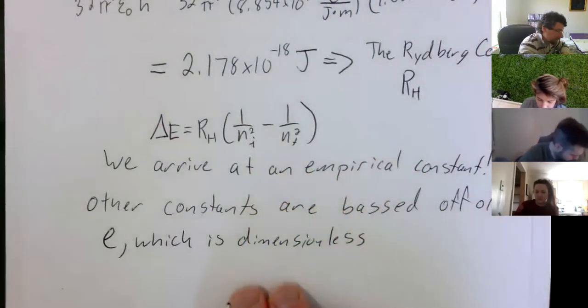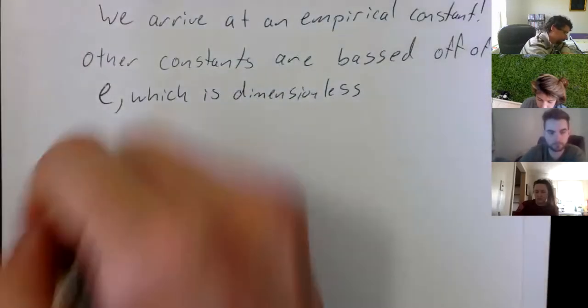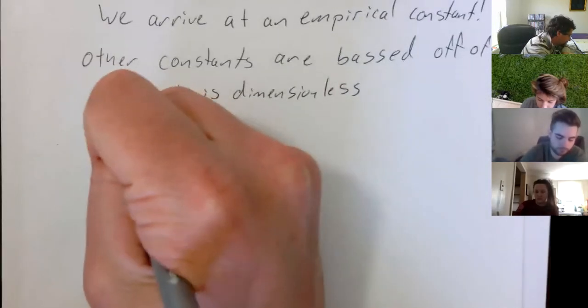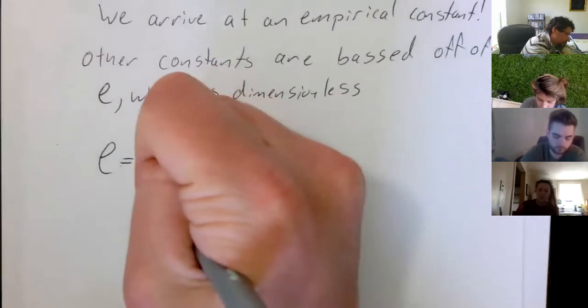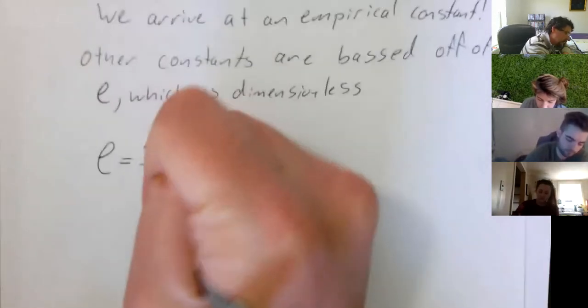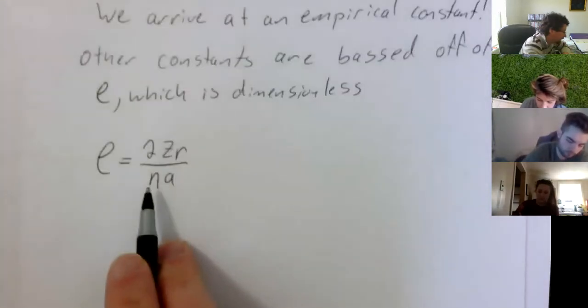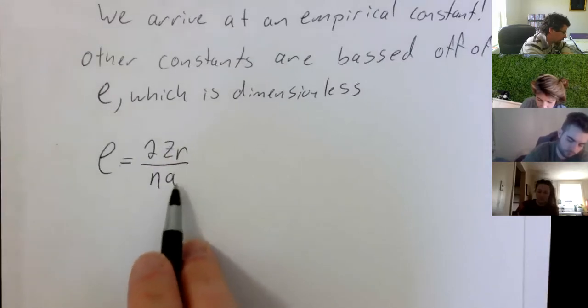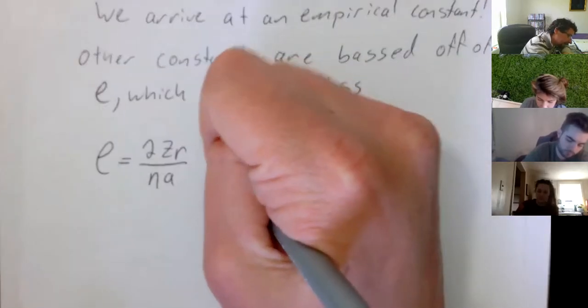And the way that we're going to define rho is 2zr over n a, where n is that quantum number, and a is another constant.